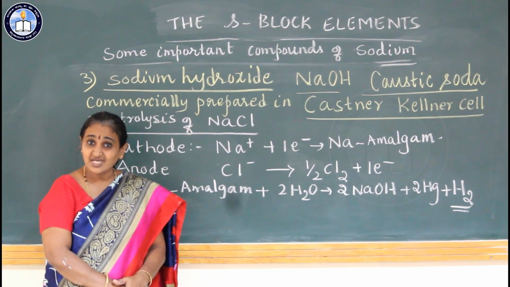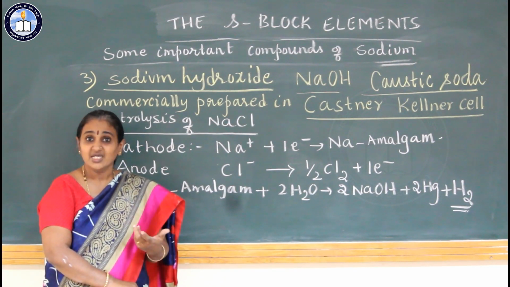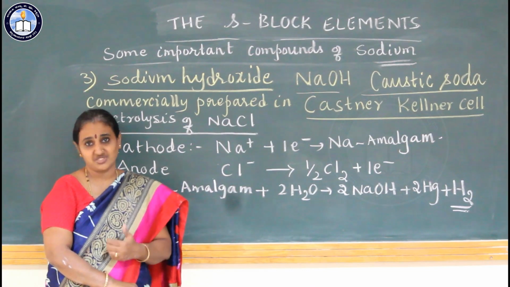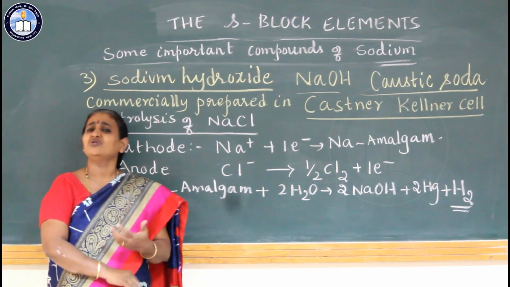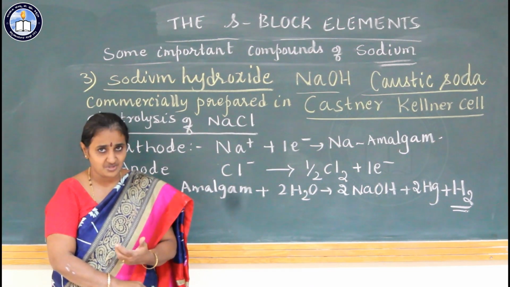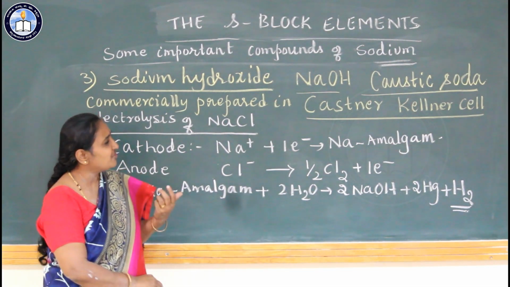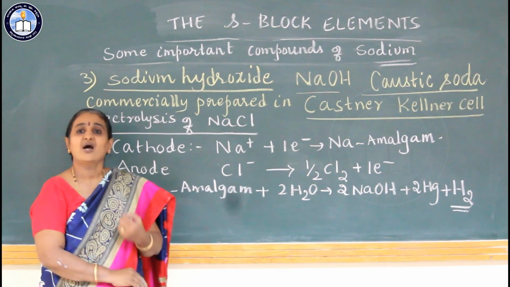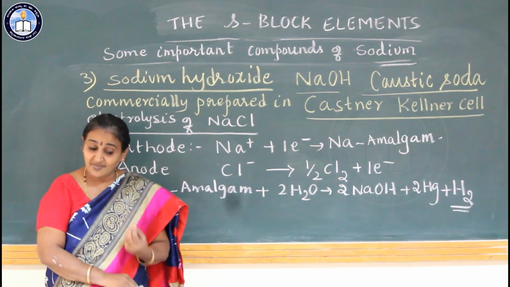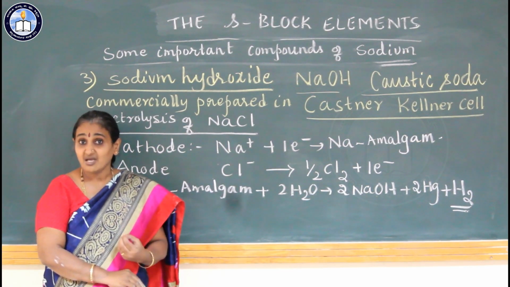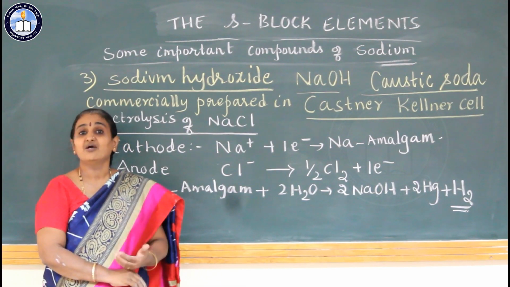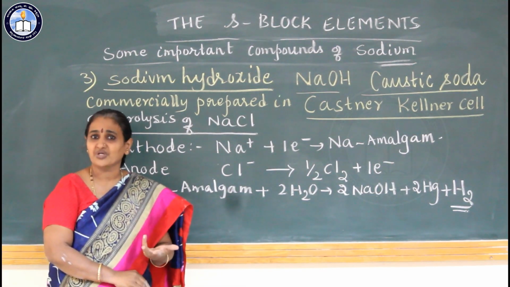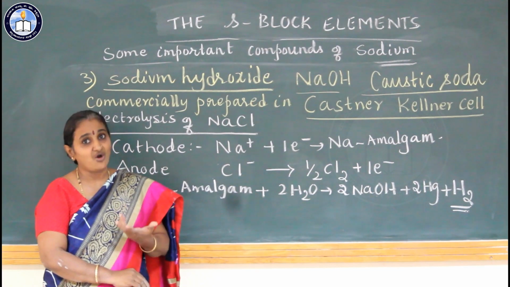Solid sodium hydroxide is deliquescent in nature. What are the uses of sodium hydroxide? It is used in the soap industry, and also in paper and silk. It is also used in the preparation of pure fat and oil.